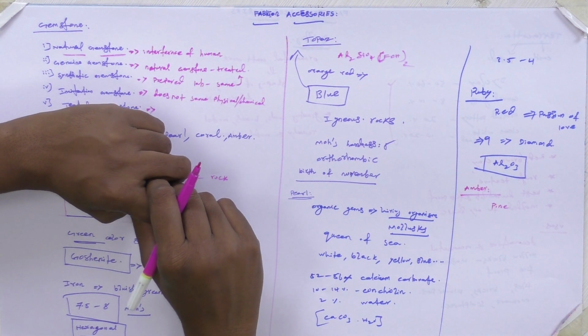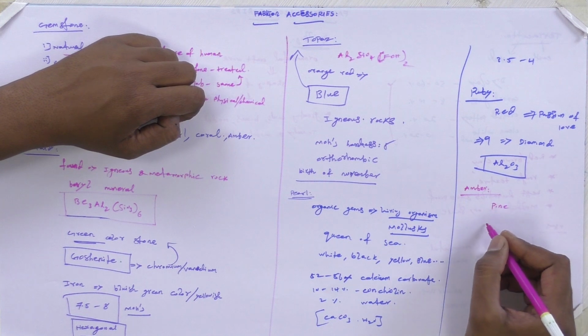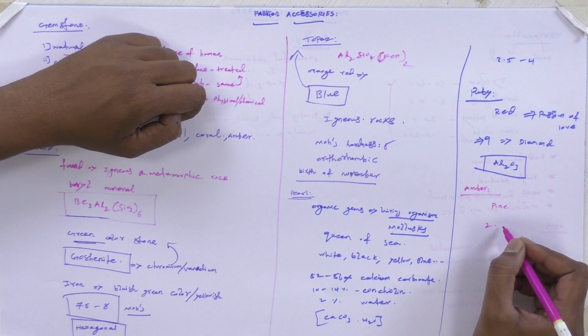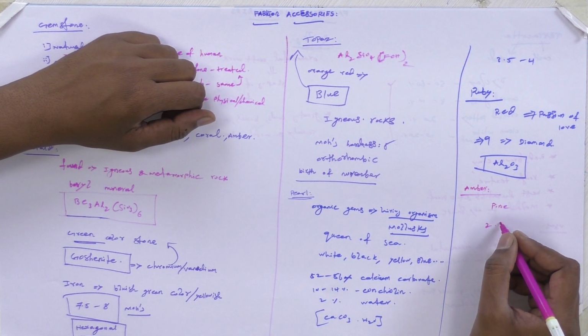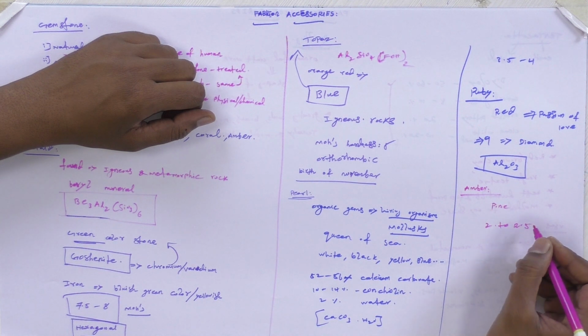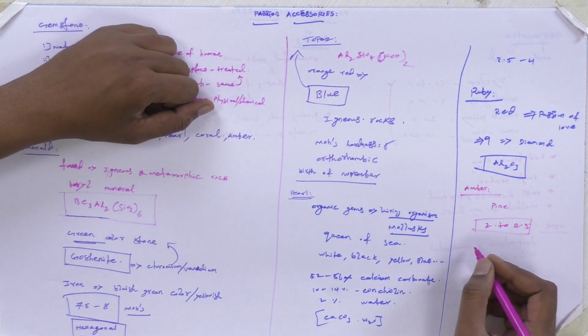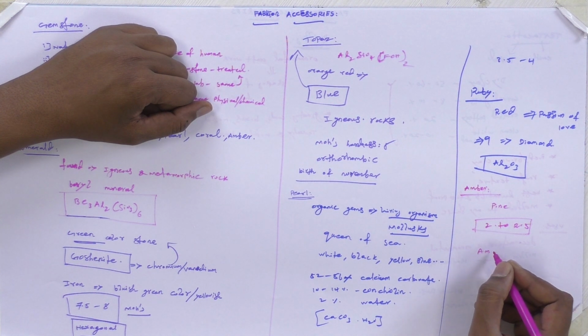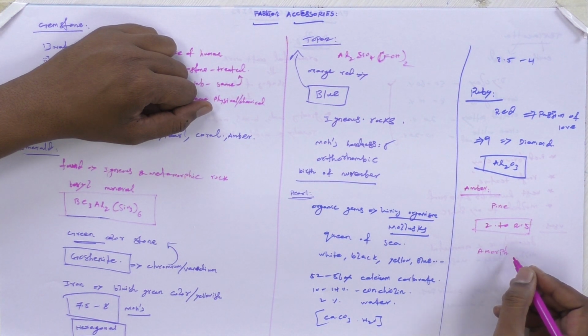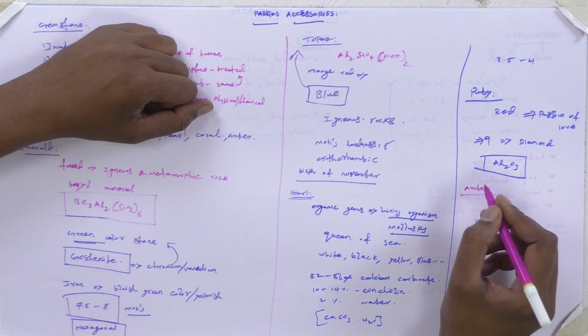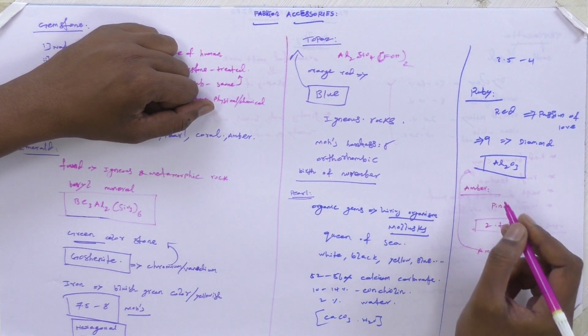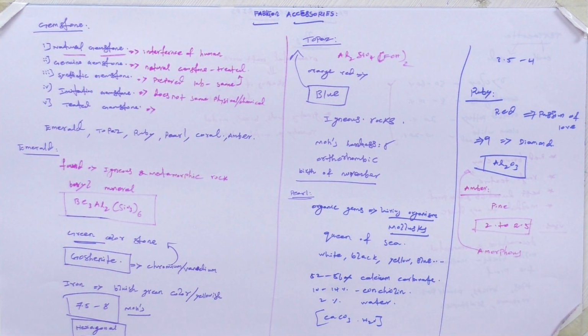Its Mohs hardness is nearly 2 to 2.5. It is a very soft stone, with inclusions of materials. It is amorphous. Amber and pearl both have an amorphous crystal system.